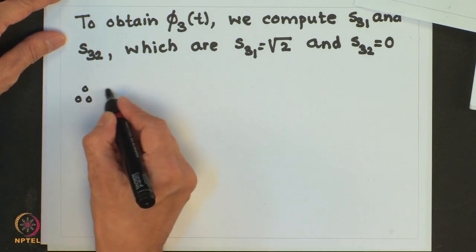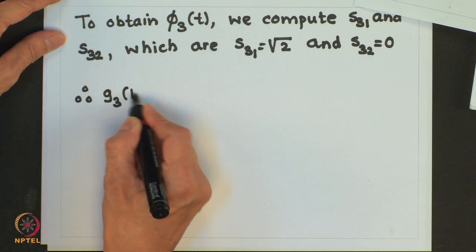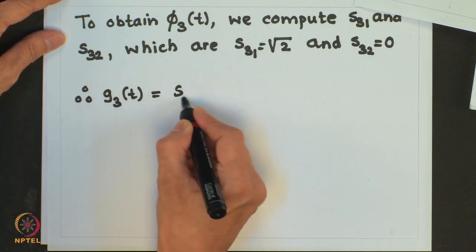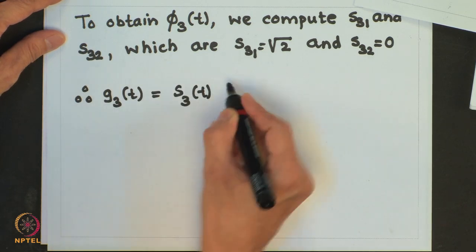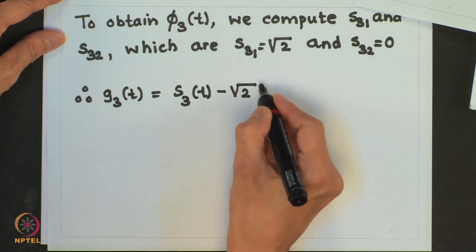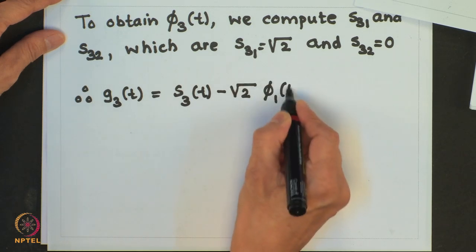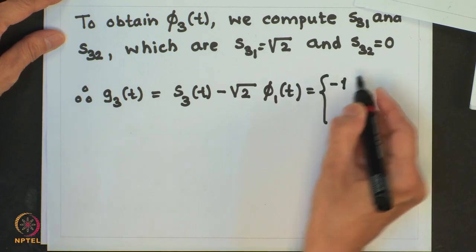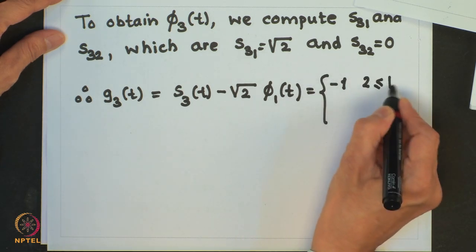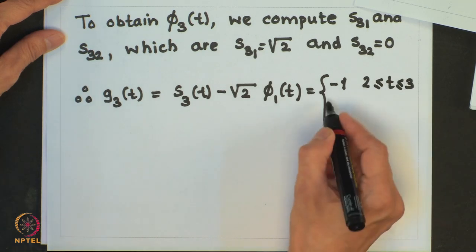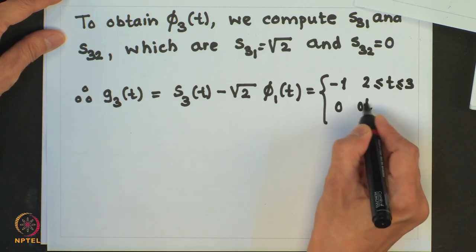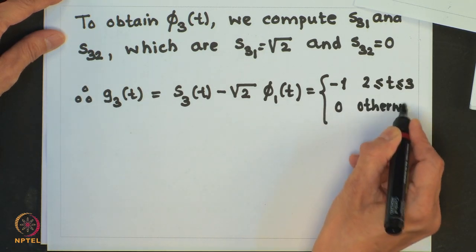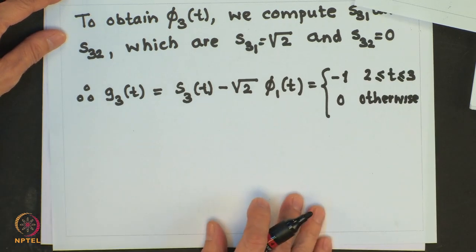Therefore, my g3(t) will be equal to s3(t) minus root 2 phi 1(t), and this would be equal to minus 1 for this interval and it is 0 otherwise. Correct?